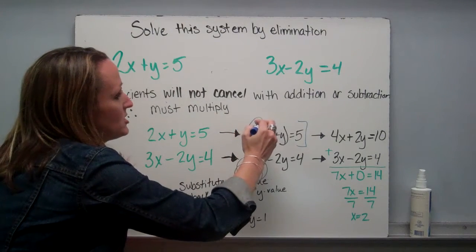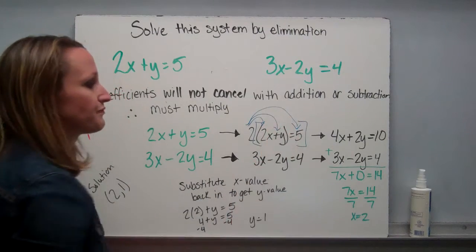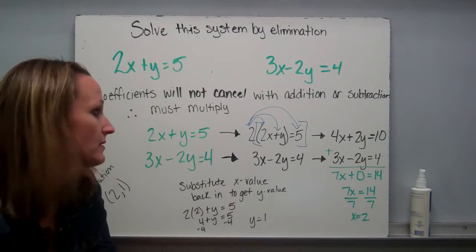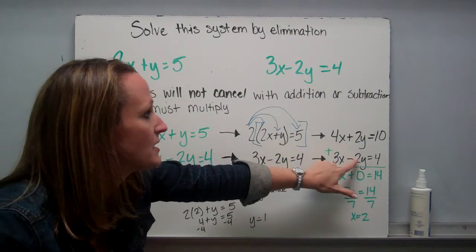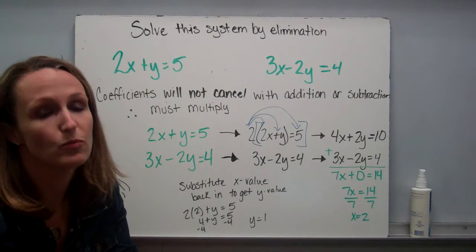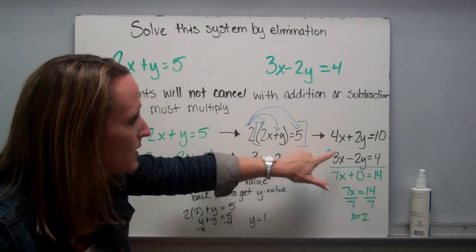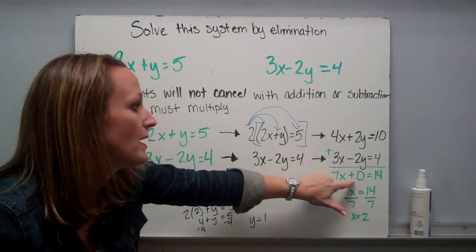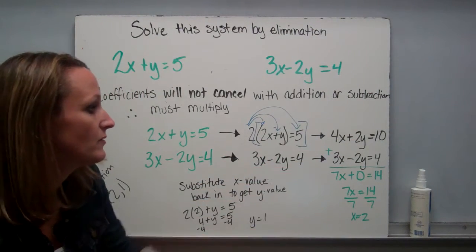I distributed my 2 to every term inside of these brackets, so that my new equation is 4x plus 2y equals 10. Now I can add them because my two coefficients that go with the y are inverses. Now, 4x plus 3x is 7x. Positive 2y and negative 2y give you 0, so they cancel out like we want. And then 10 and 4 give you 14.